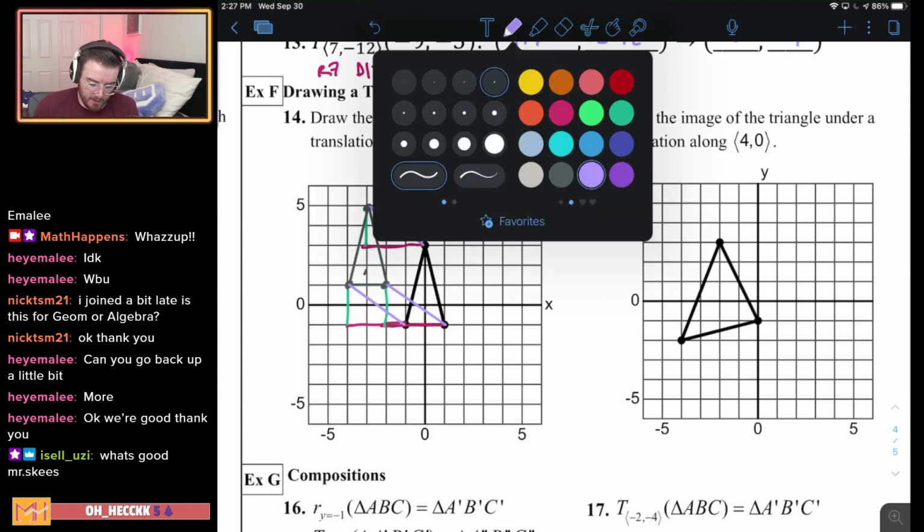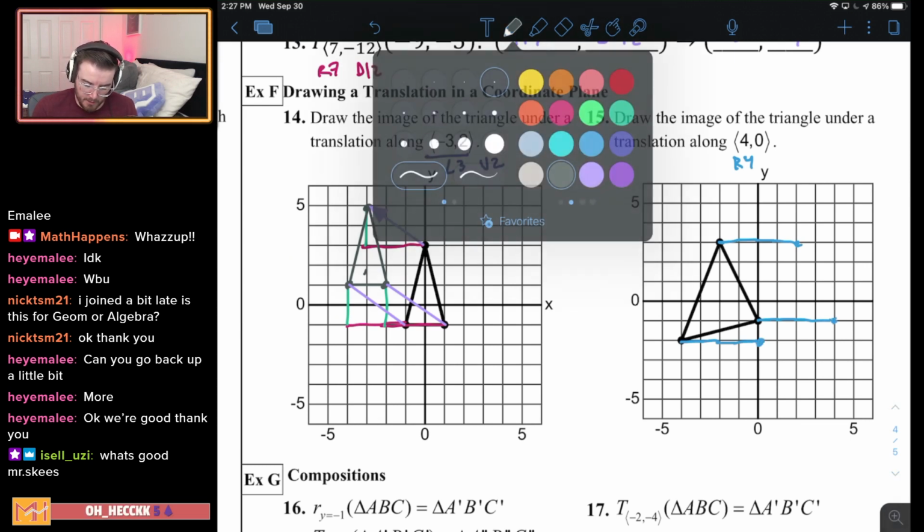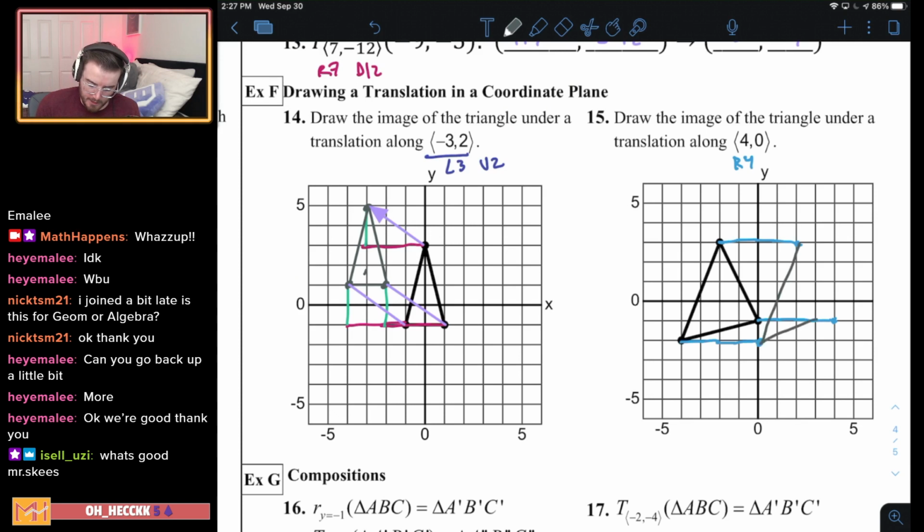What is this one telling us to do? This one's just straight up telling us to go right 4. Don't go up or down at all. So 1, 2, 3, 4. 1, 2, 3, 4. 1, 2, 3, 4. So here, here, and here are our new points. So our triangle looks like so.